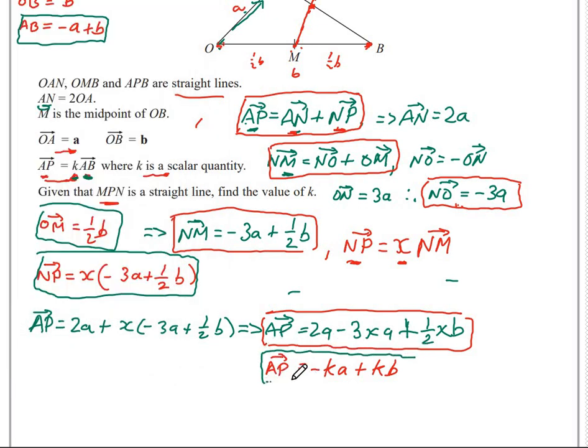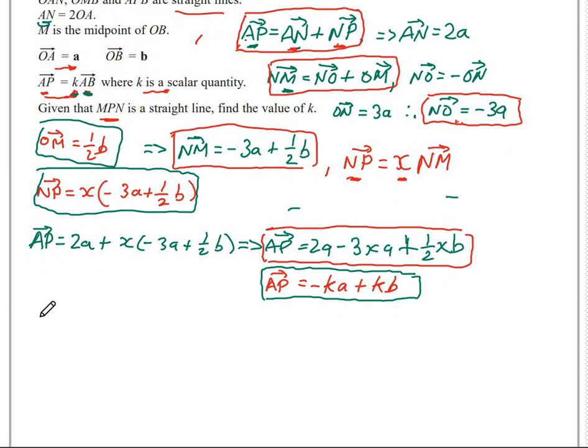If AP equals that and AP equals that, then they must equal the same thing. So minus ka plus kb equals 2a minus 3xa plus half xb.